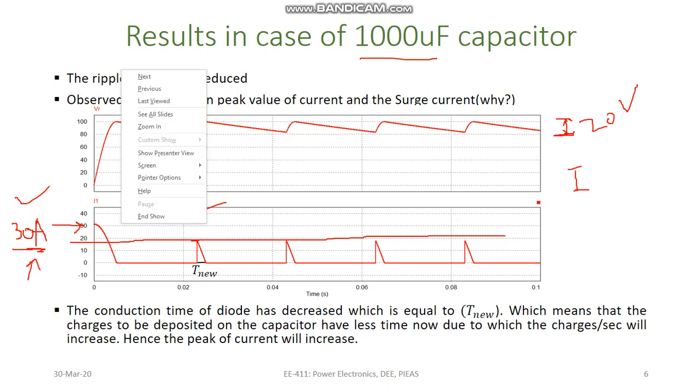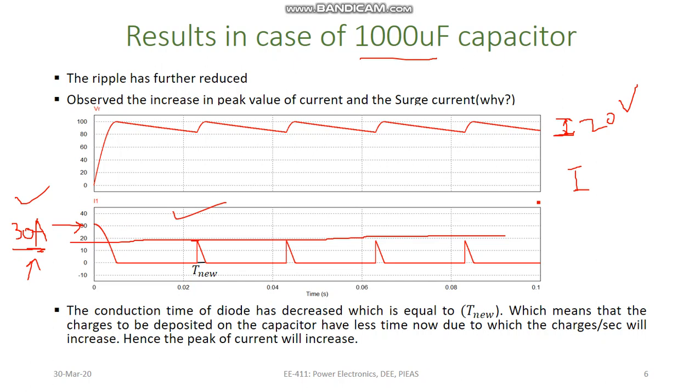Even if the peak inverse value of the diode, RMS, average, and all other values are determined, and we select a device only on the basis of these, but we do not consider the surge value of the current, and we just use a device that fulfills the requirements of IRMS, I peak, and other values, what will happen?